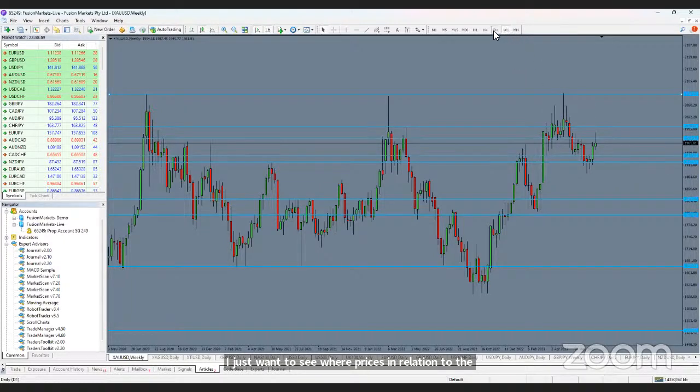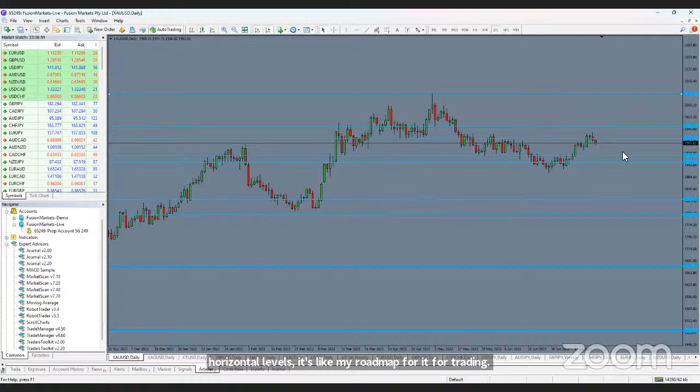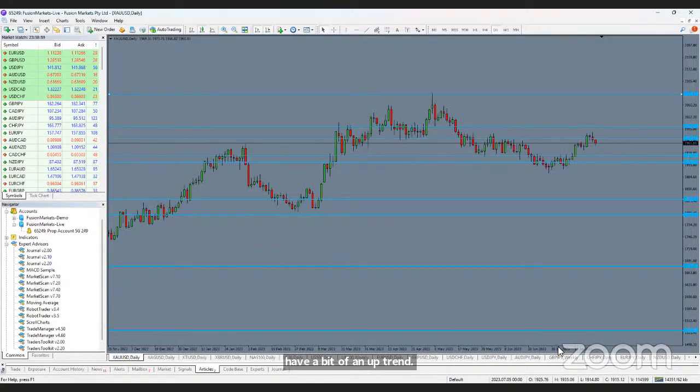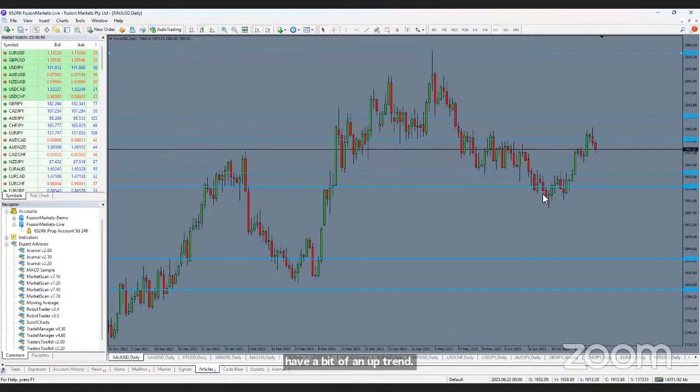So going down to the daily, that's the time frame that I actually use to execute trades on. And what we can see here on the daily time frame is we do have a bit of an uptrend. We had this inverted head and shoulders pattern down here. Let me see if I can draw that in for you, those of you that might not see it as very obvious.